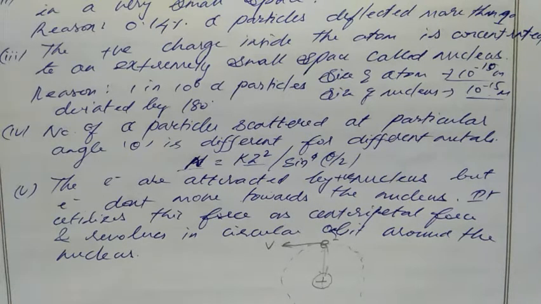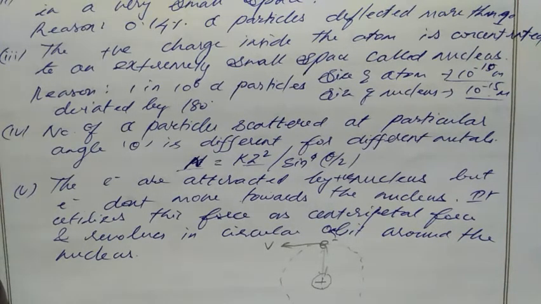Very similar to our solar system. If you take our sun and earth, there is a force between sun and earth, gravitation force. Even though there is a gravitation force, our earth is not able to move towards the sun, nor are any planets in our solar system. Why? Because there is a centripetal force which balances the gravitation force.